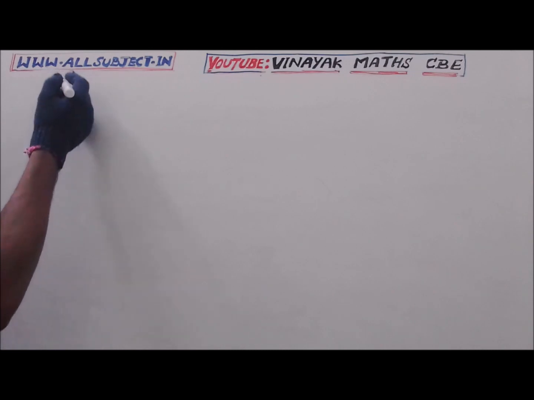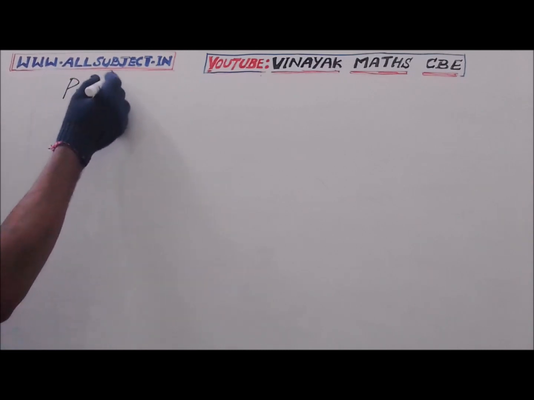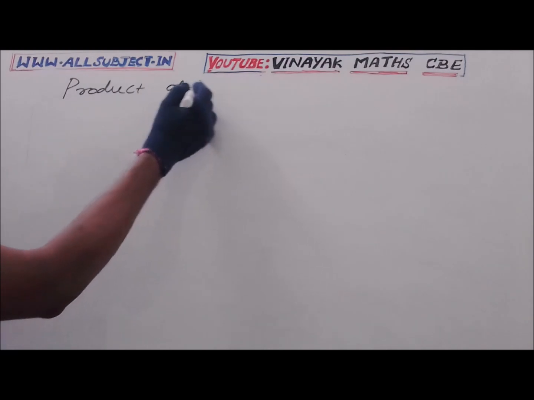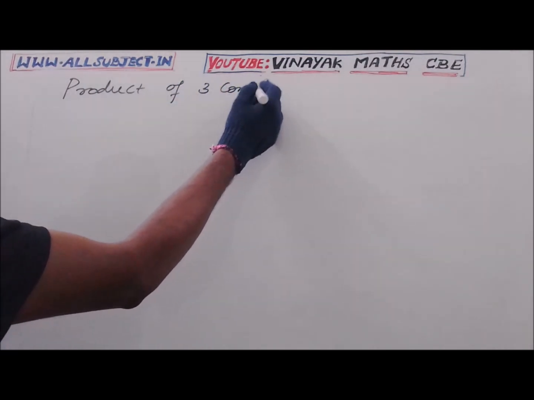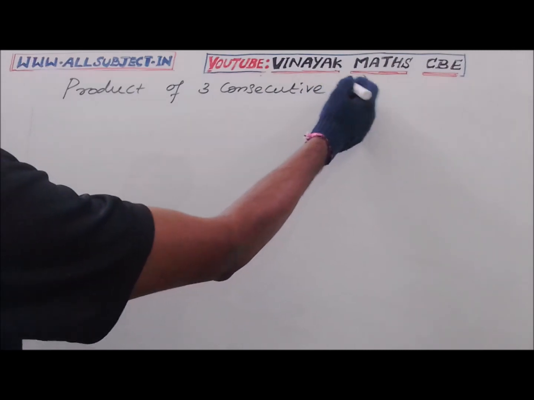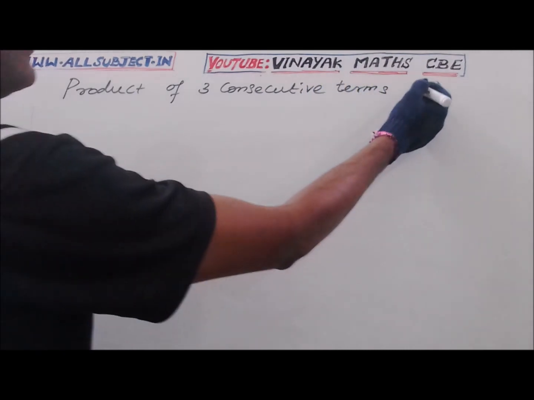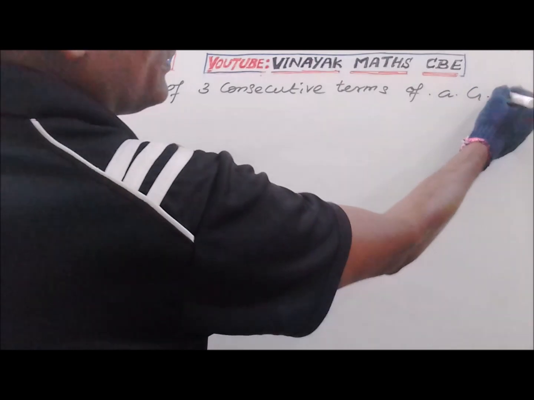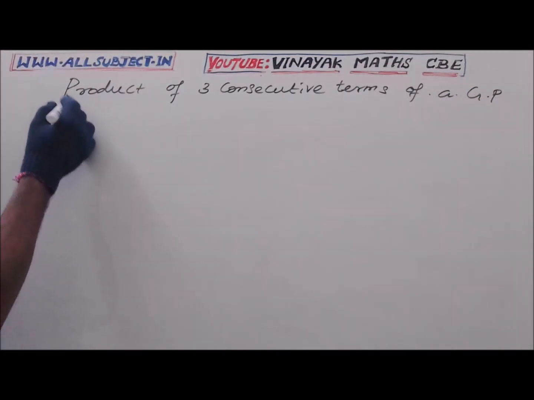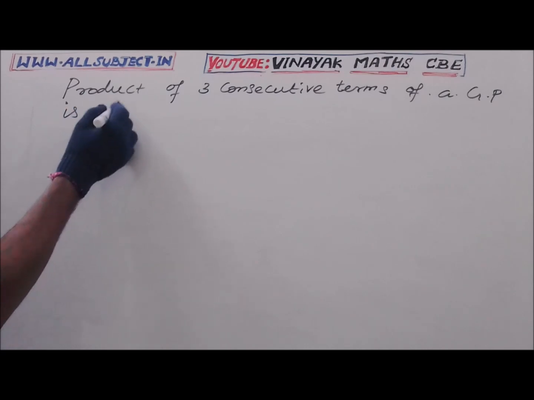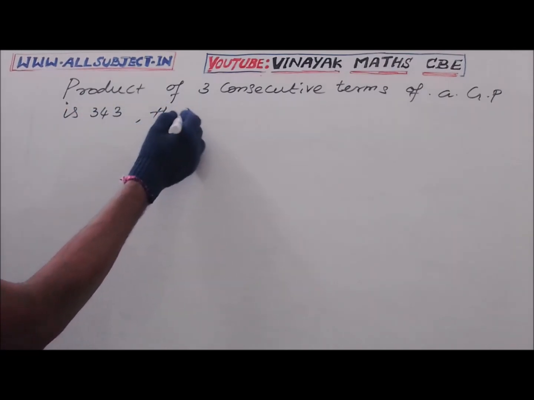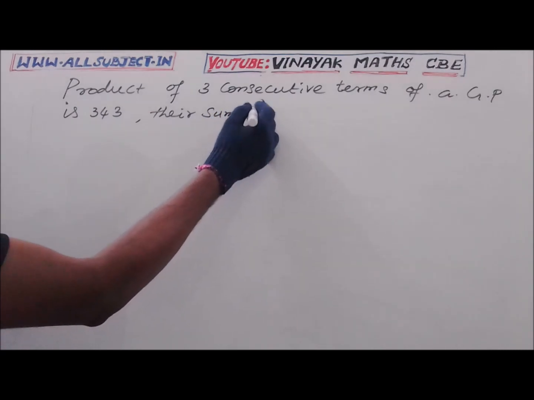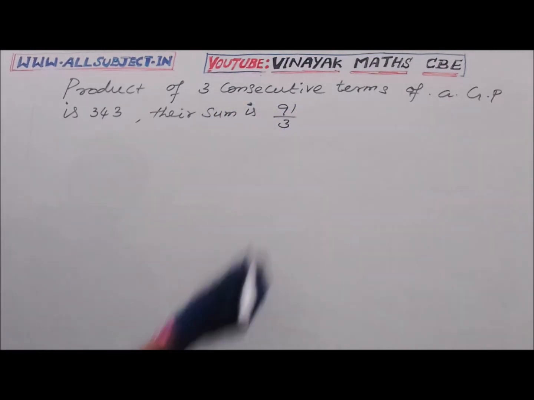The product of 3 consecutive terms of a GP is 343 and their sum is 91 by 3.